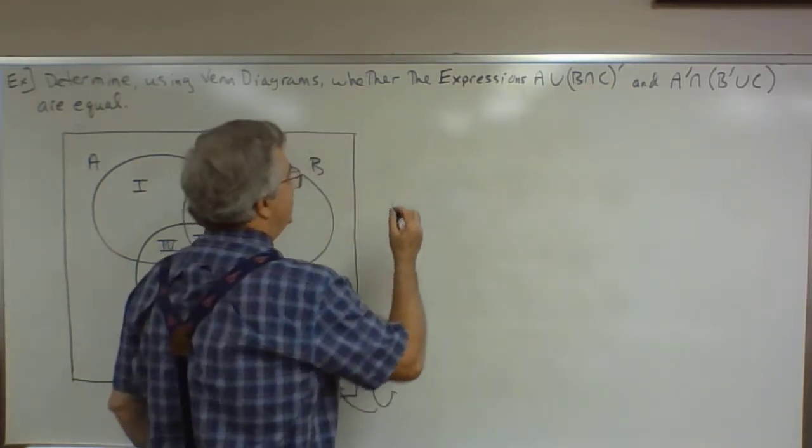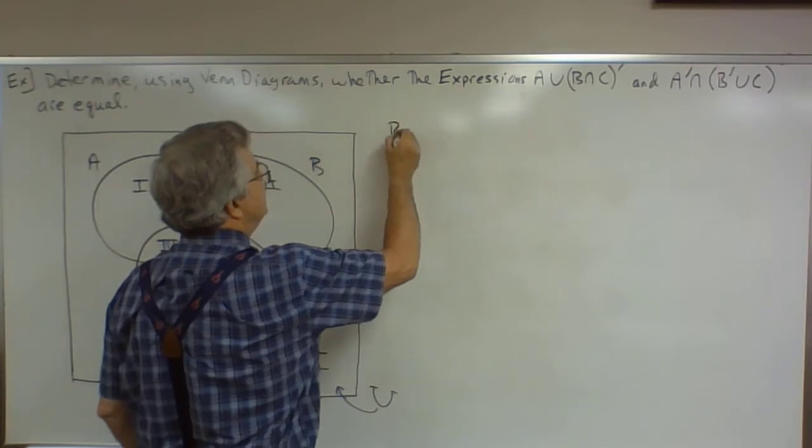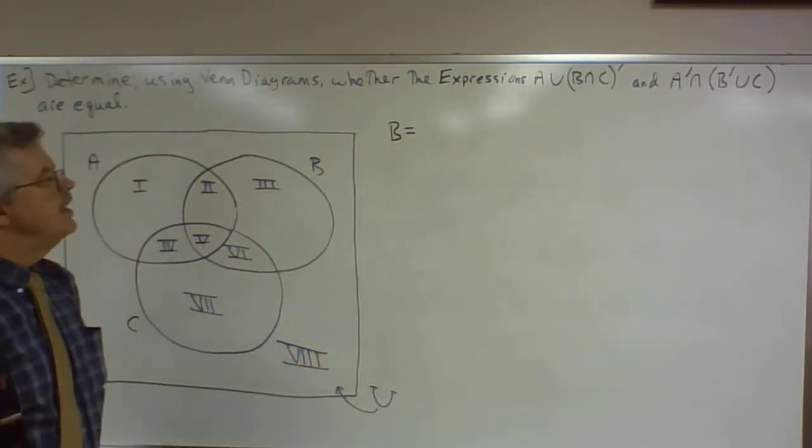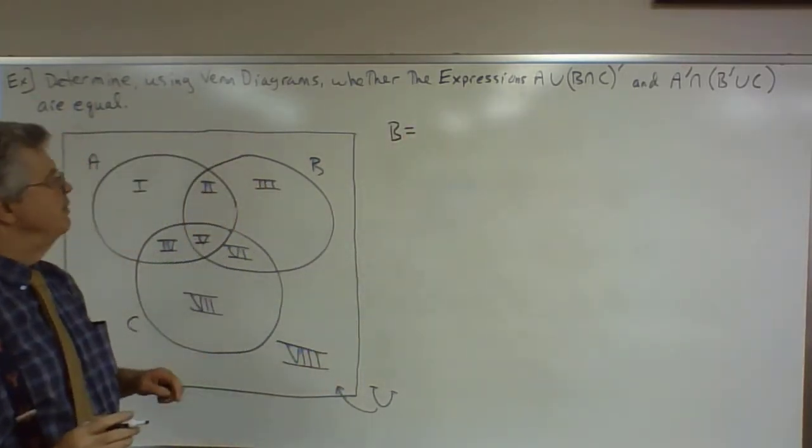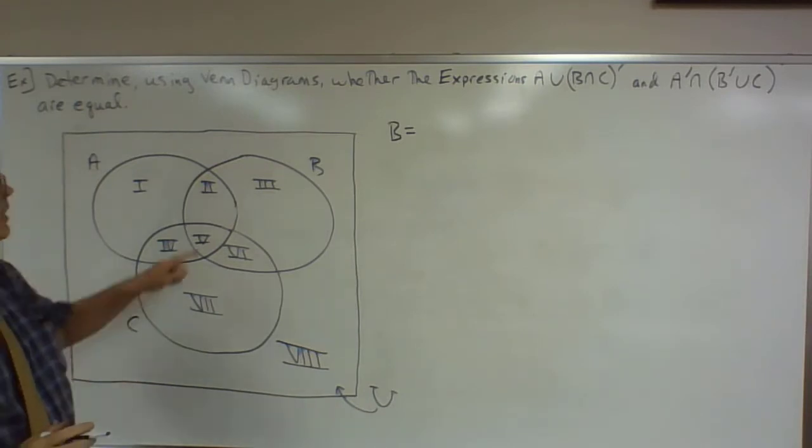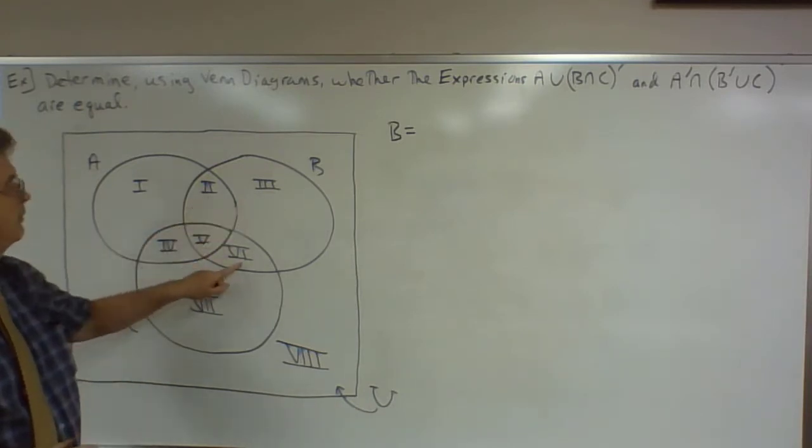And to do that, I'll write down the regions that are comprised by B: 2, 3, 5, and 6.